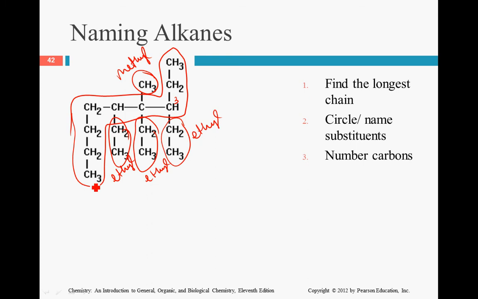If we start from the bottom, 1, 2, 3, 4, 5, the first substituent is on a 5. So we are going to start from the top. 1, 2, 3, 4, 5, 6, 7, 8, and 9.